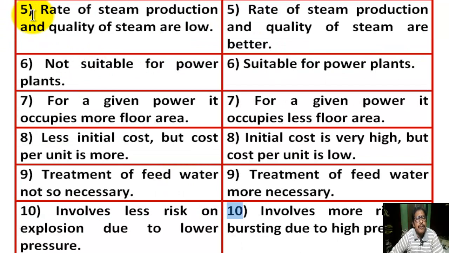Number 5, for fire tube boiler, rate of steam production and quality of steam are low. For water tube boiler, rate of steam production and quality of steam are better.